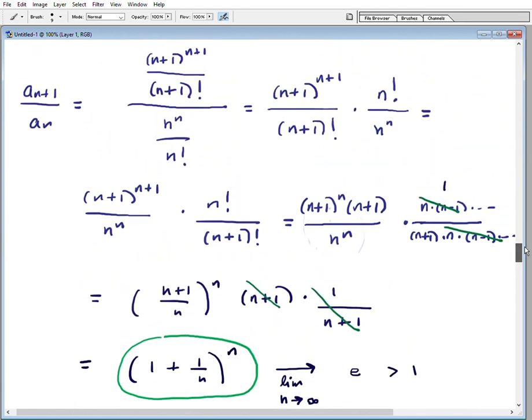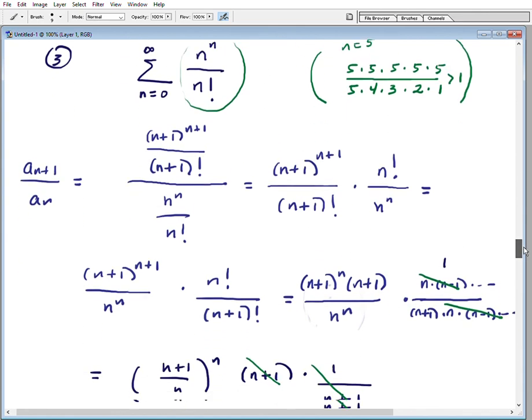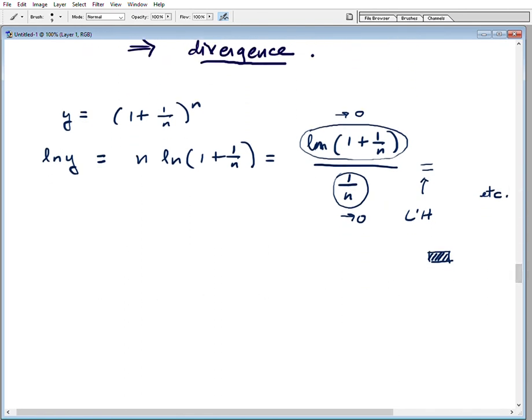Now again, let me just say that you should have a feeling for this and realize that these terms are not going to 0, that the numerators are always bigger than the denominators. We did the ratio test, but it's easier in this case to show that a_n doesn't go to 0, but that a_n goes to infinity.